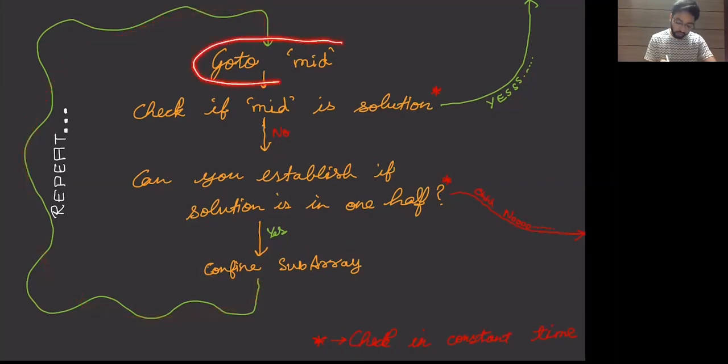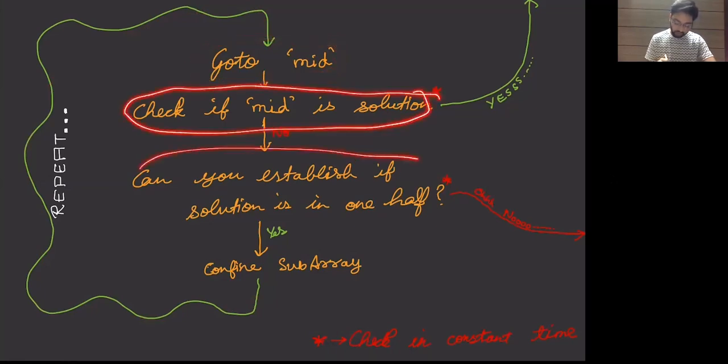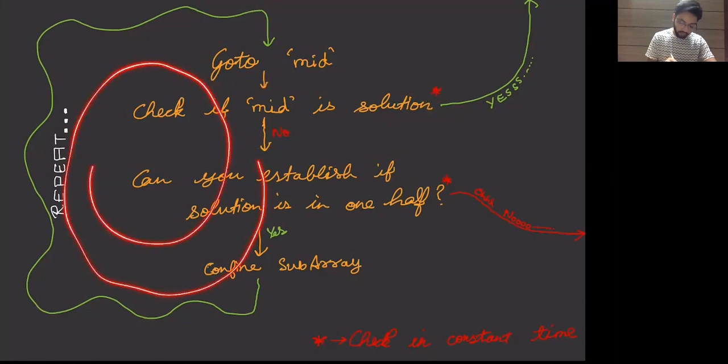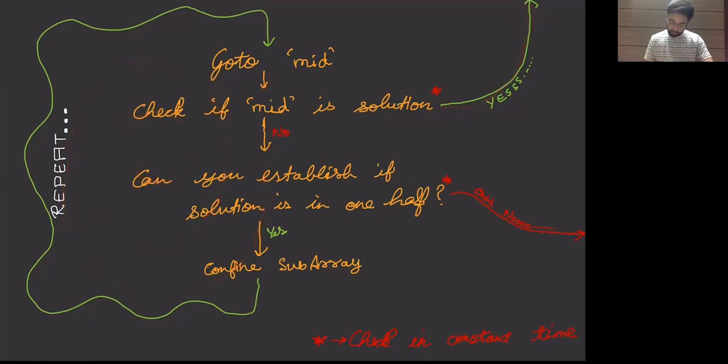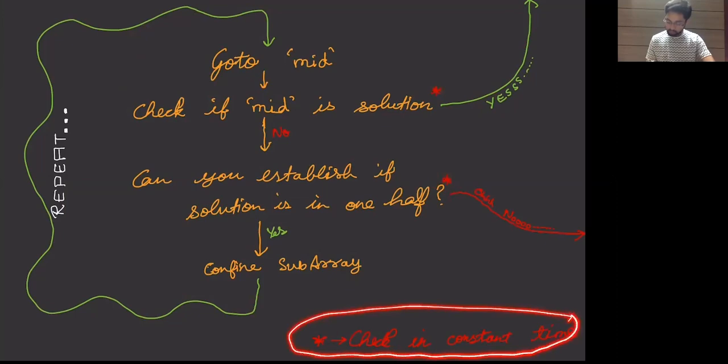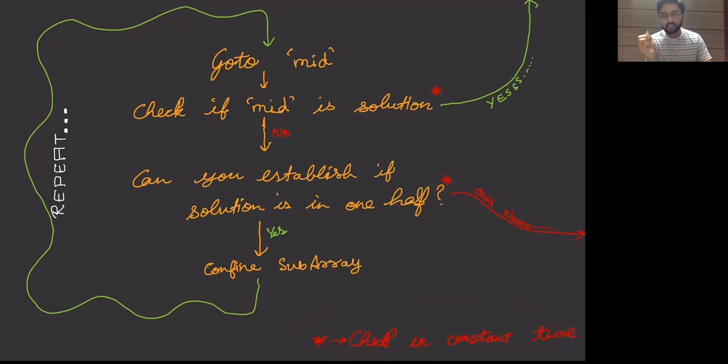You go to the mid of that subarray, check if that is the solution, and you keep on doing this until the solution is found. And all these checks, you have to perform in constant time. Otherwise, the time complexity of order log n would be compromised.